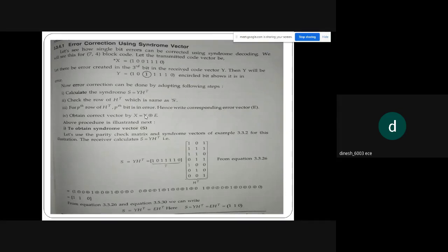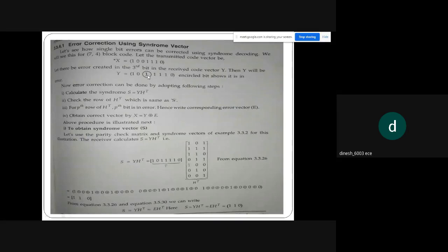An example is given with 7,4 block codes. The transmitted code vector is 1001110. This is given. See how many bits: 1, 2, 3, 4, 5, 6, 7 bits are available.